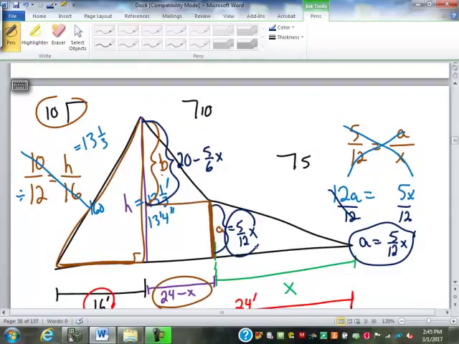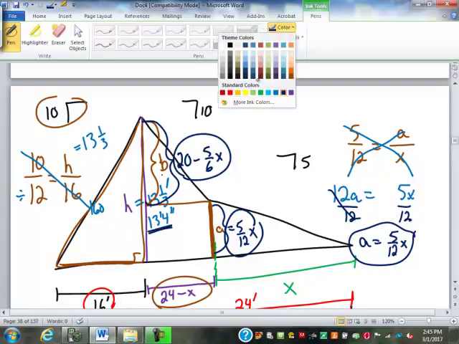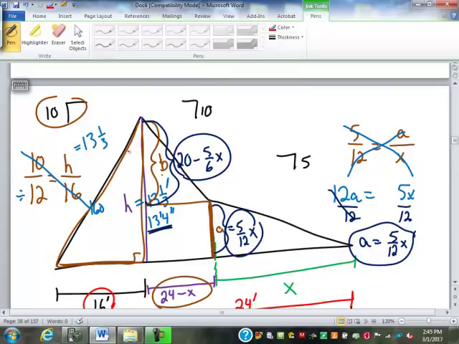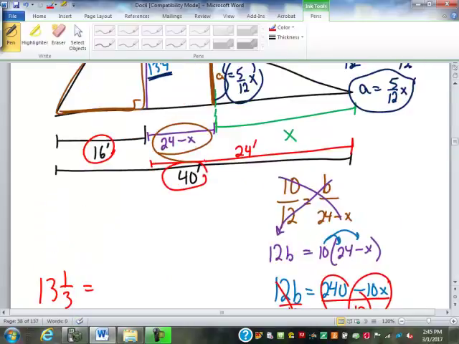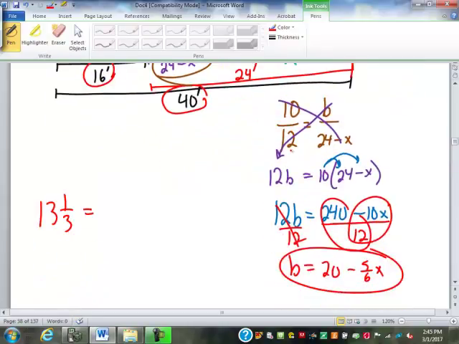And I know that these two pieces have to add up to my total height of 13'4". So that's 13 1/3 feet. Has to equal my 5/12 x here, plus, here I have 20 minus 5/6x.